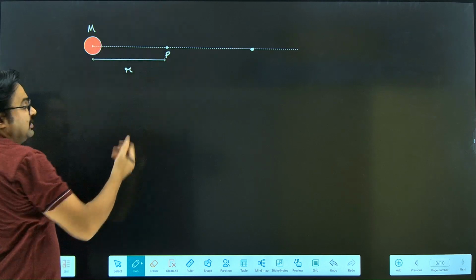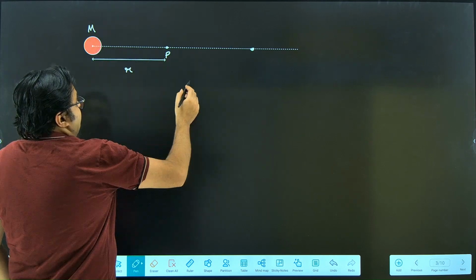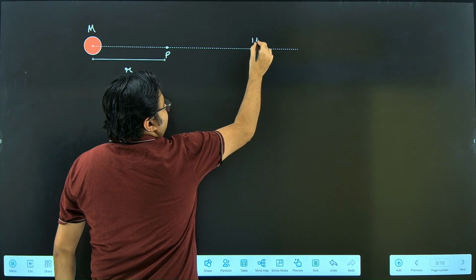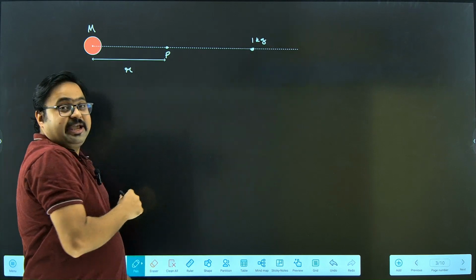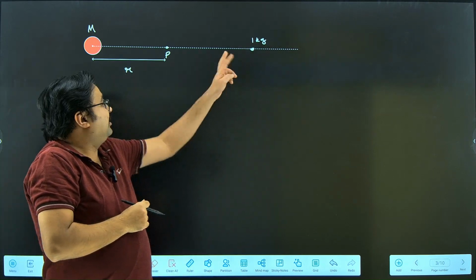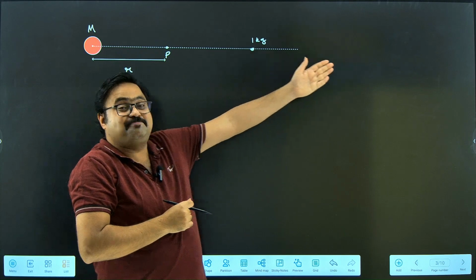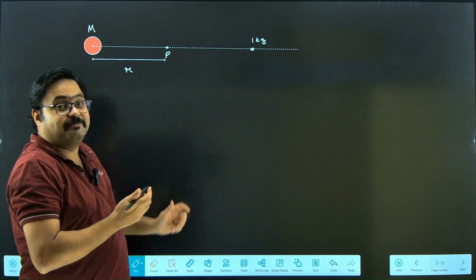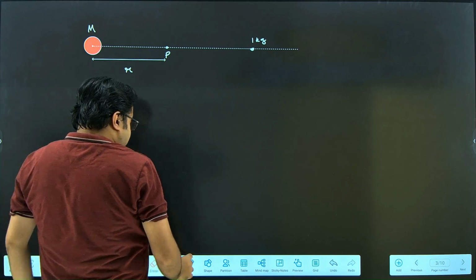The point P is at a distance r from M, and this is a point, let's say Q, and that's exactly where I have brought my 1 kg mass. It's on the way to reach point P. It has been traveling from infinity and its aim is to get to point P.